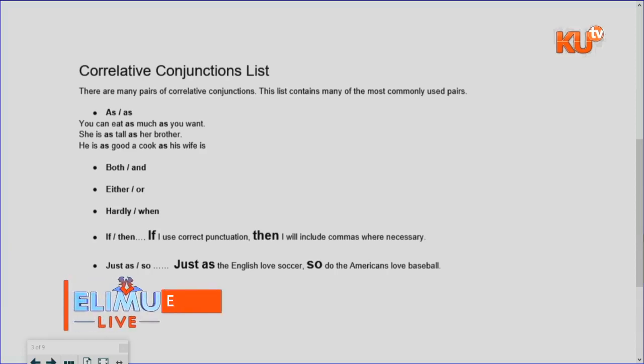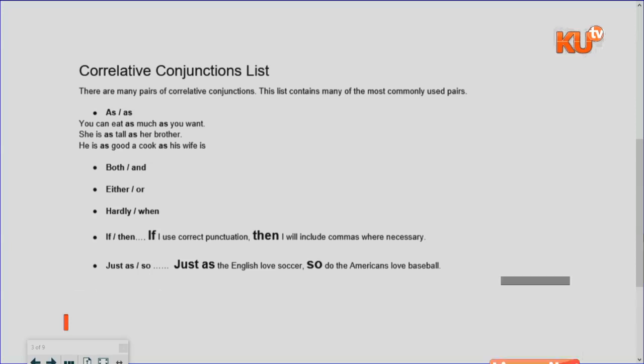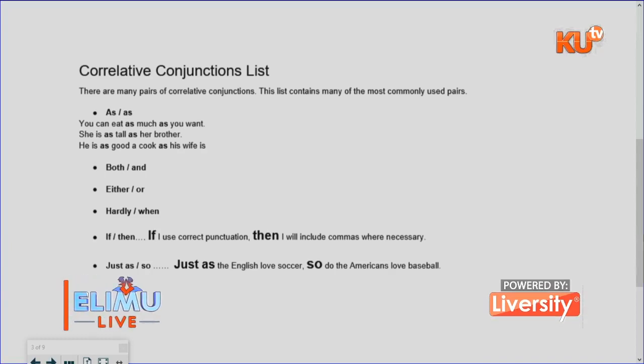So either or. Let me give an example where we can use either or. You can say either the teachers or the students are wrong.